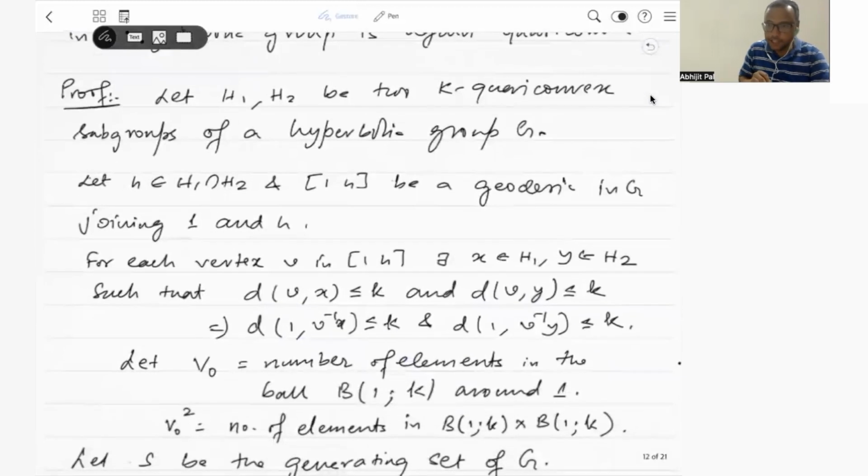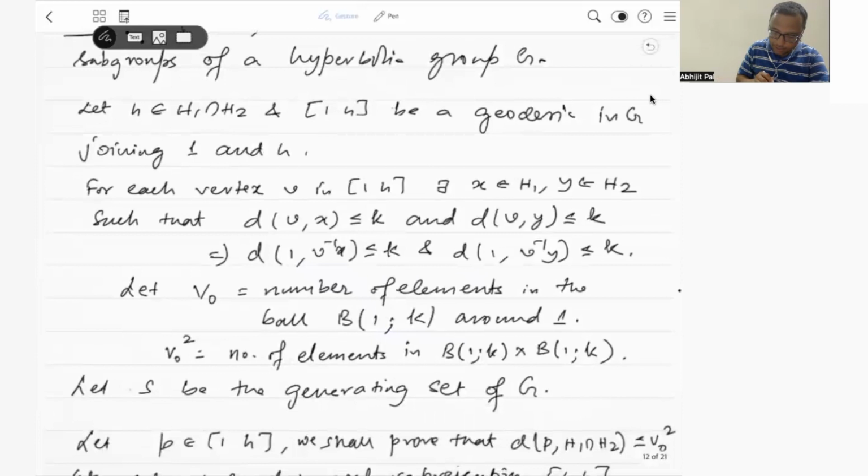Now, let us take B naught to be the number of elements in the ball of radius K around 1. So B naught square is the number of elements in the Cartesian product of these two balls B(1,K).